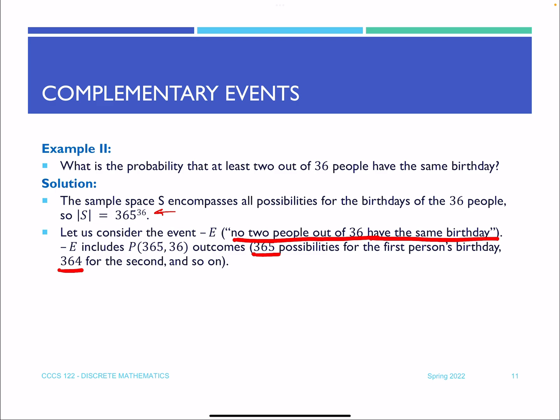Then 363 possibilities for the person after that. 362 possibilities for person number 4, and so on. This must seem familiar, because this means that the probability of the complementary event can be found like so.